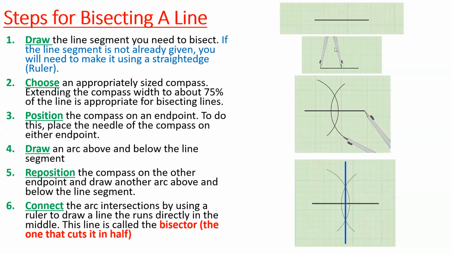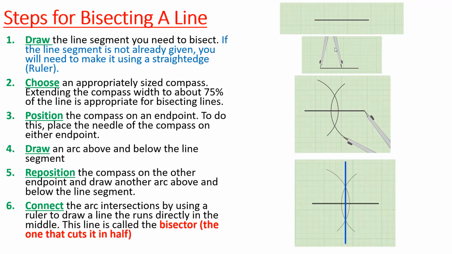If the line segment is not already given, you will need to make it using a straight edge, which is a ruler. Choose an appropriately sized compass. Extending the compass width about 75% of the line is appropriate for bisecting lines. Position the compass on an endpoint. To do this, place the needle of the compass on either endpoint.